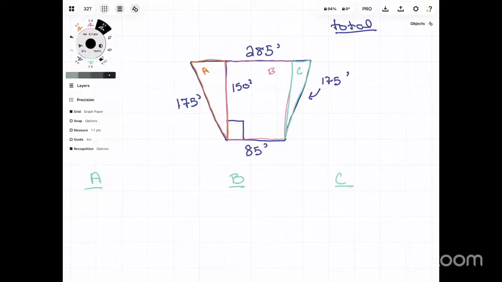Let's start with B because we know it's a square. Well, let's just say rectangle. It kind of looks like this. We know it's a part of 285. I could do this problem, but it is going to take a second. I don't think they're going to ask you this, but let me work through it.